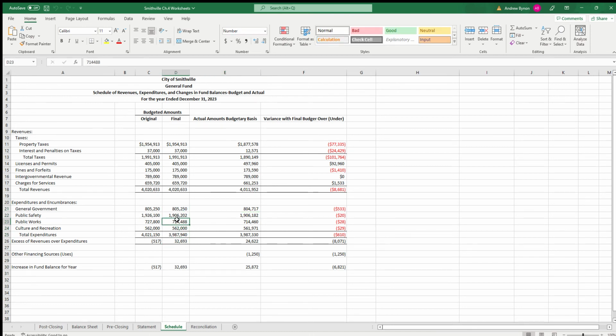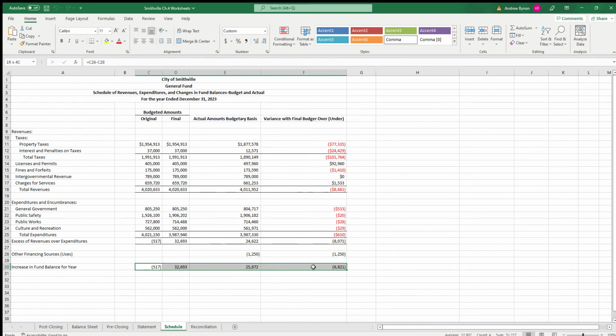Then that gives us our excess of revenues over expenditures. It honestly does not look too good. And of course we have the transfers out, and we have increase or decrease in the fund balance overall.